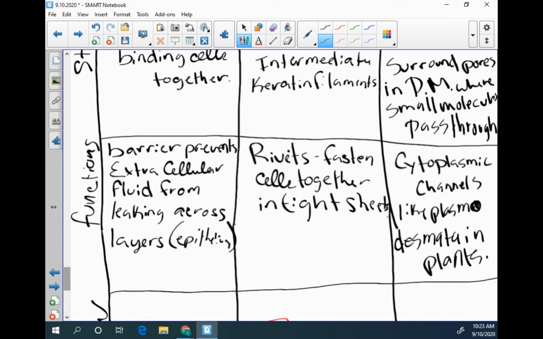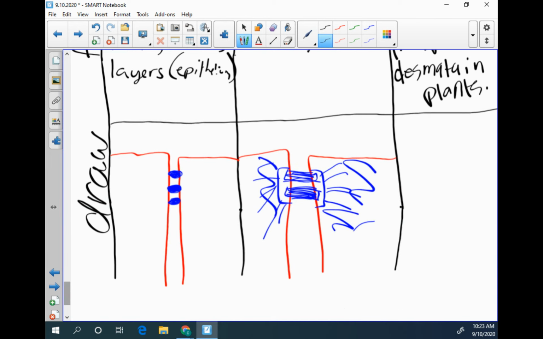Essentially, that diagram I drew for the plant cells, where it connects the cytoplasm of the two plant cells so they can act as one big organ system. The gap junctions do the exact same thing for animal cells.